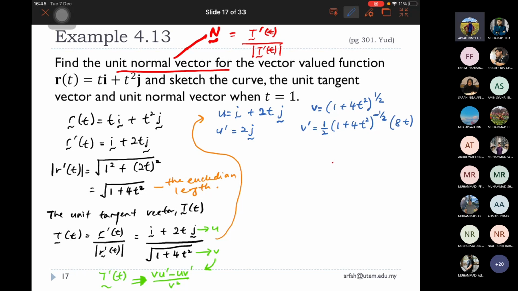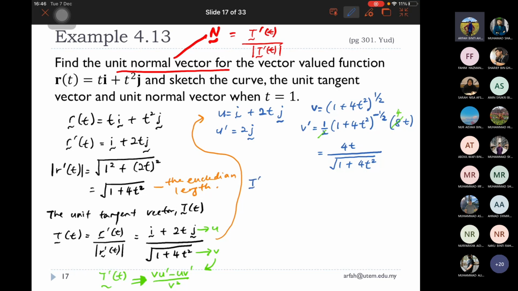So dia akan jadi 4t over square root 1 tambah 4t squared. So itu adalah awak punya v prime.